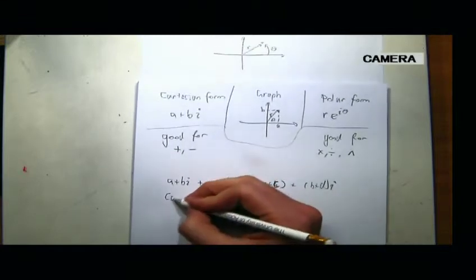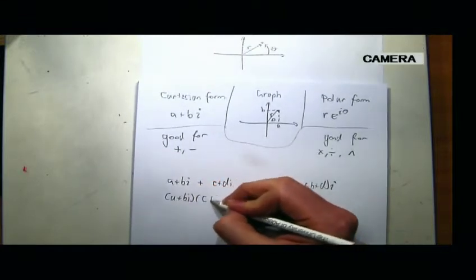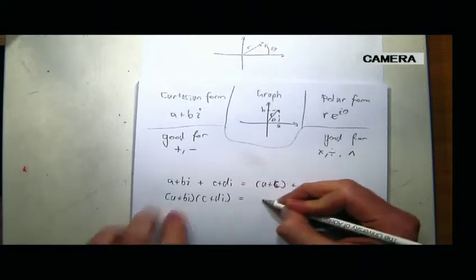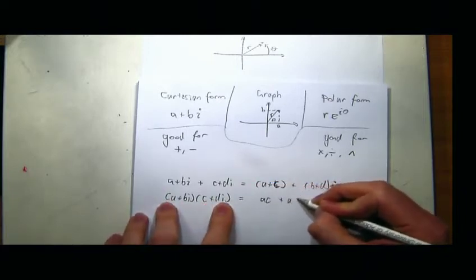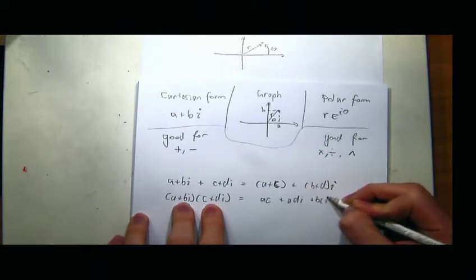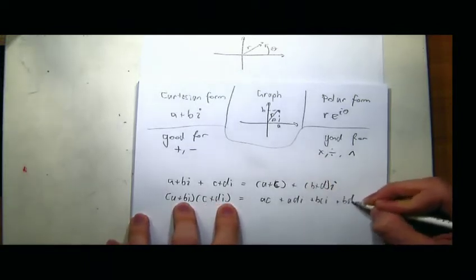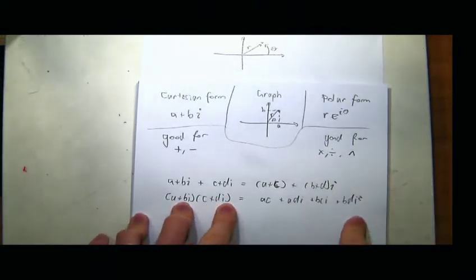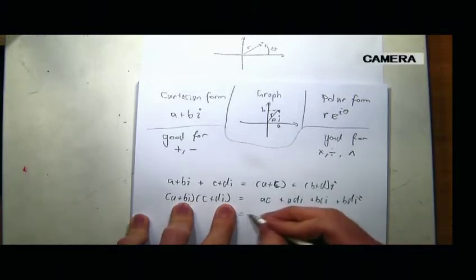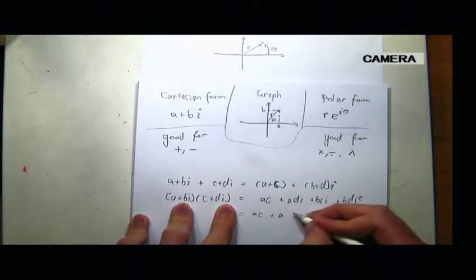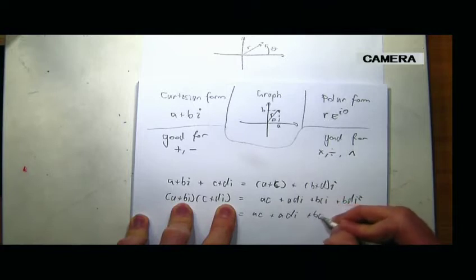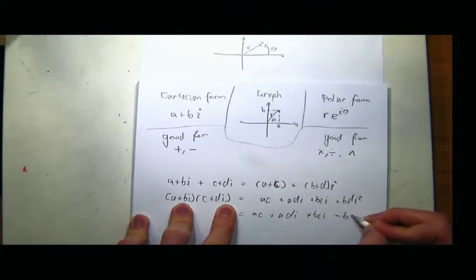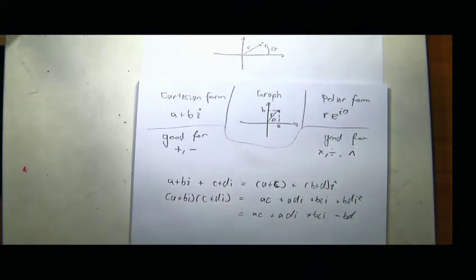Multiplication, you'd expand the brackets. You know, ac plus adi plus bci plus bdi squared. But i squared is really minus 1. Okay, and that's pretty much it in terms of the deal.